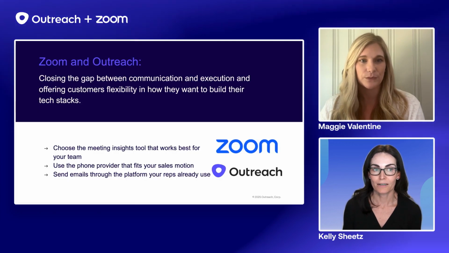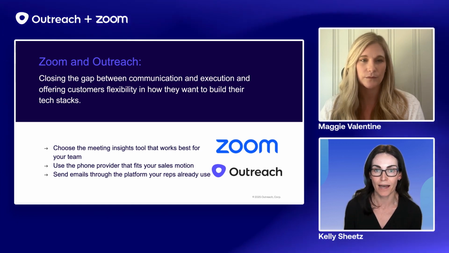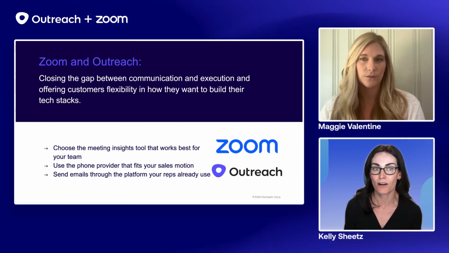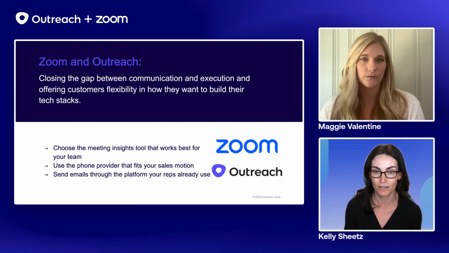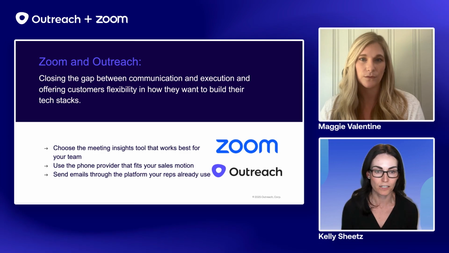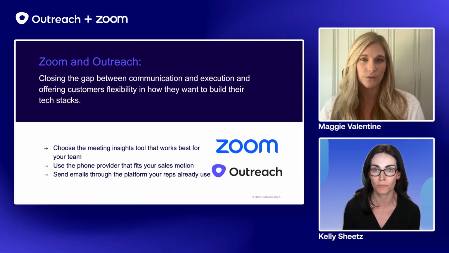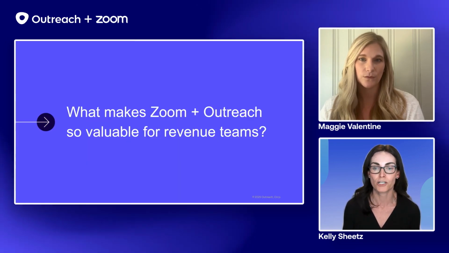Yeah, what I'm most excited about is I truly believe that Zoom and Outreach are demonstrating how we are bridging the gap between communication and execution workflows. And we're doing so in a way that's offering customers flexibility in how they want to build out their tech stacks, right? And what I mean by that is we're giving you the option of what is your conversational intelligence tool that you want to bring into a Zoom meeting.